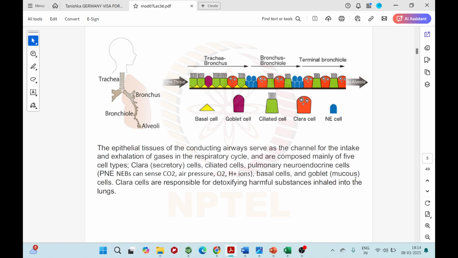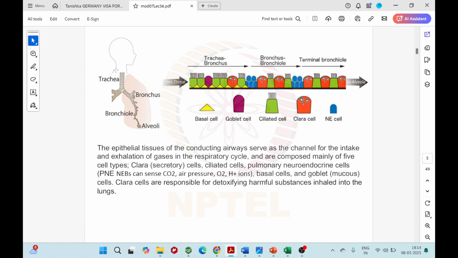The goblet cells produce the mucus, to keep our airways a little wet, a little lubricated. And apart from that, we have Clara cells, which are responsible for detoxifying harmful substances inhaled into the lungs. These ciliated cells are a kind of special cells, and they are also present in our nose.